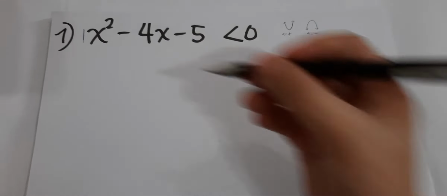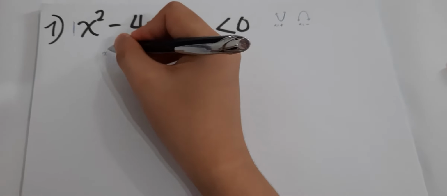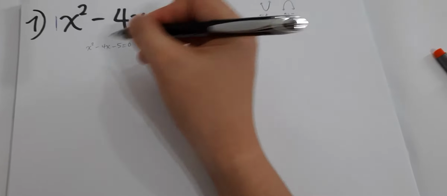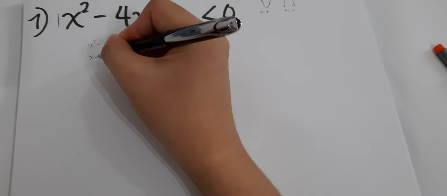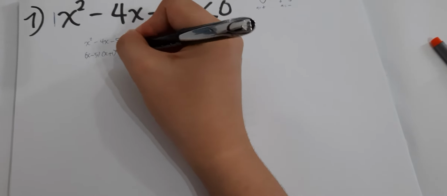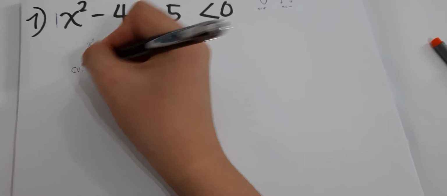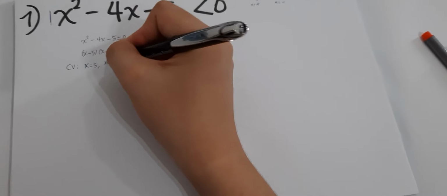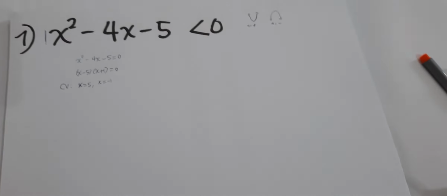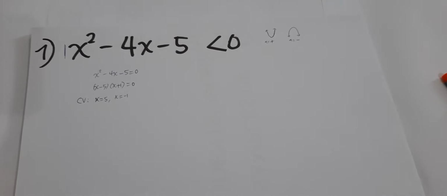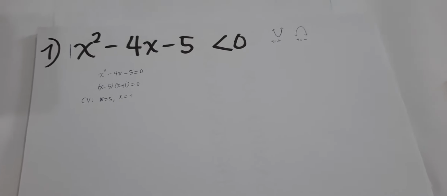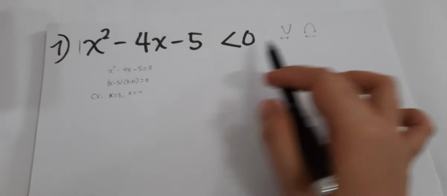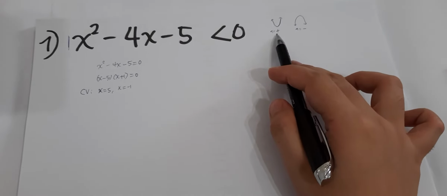Okay, so the same as the tabular method, you will make this as an equation and factor this so that we could get the critical values. So your critical values are x equals 5 and x equals minus 1. All you need to do is draw this as a quadratic. Take note, our A is positive, so the graph will be upward like this.